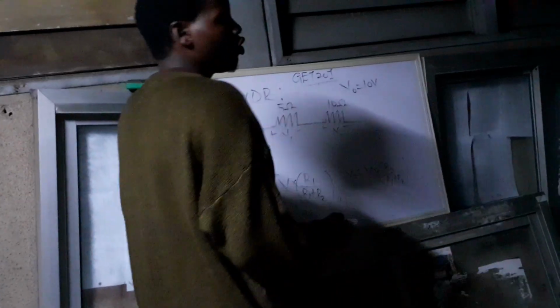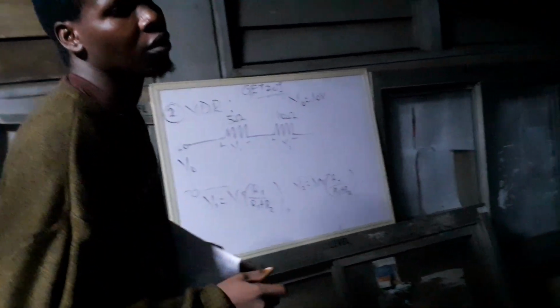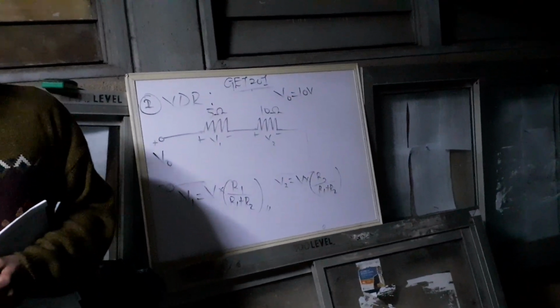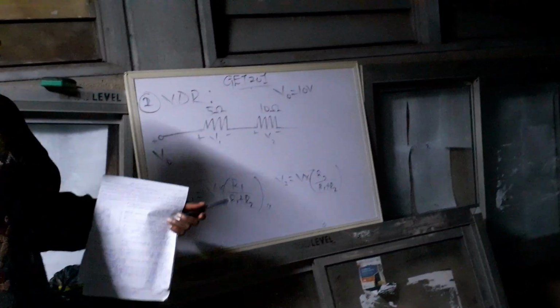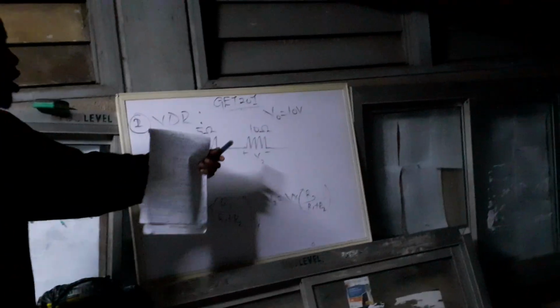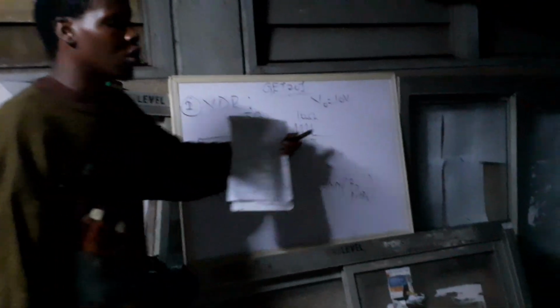Find V1 and V2 using the voltage divider rule. They've given us R1 as 5 ohms, R2 as 10 ohms, and V0 is 10 volts.